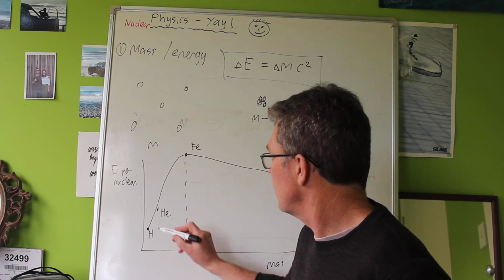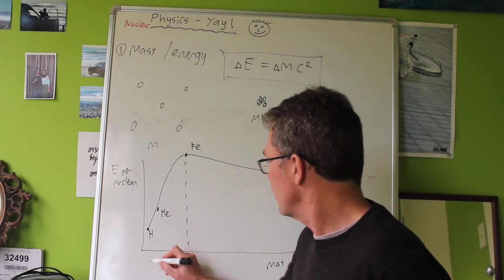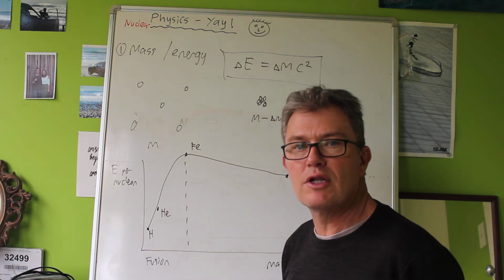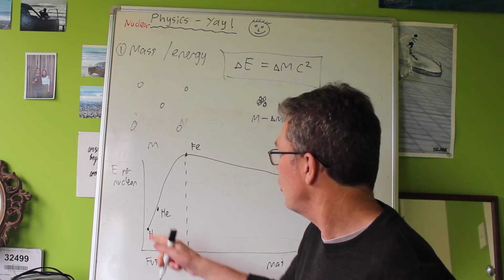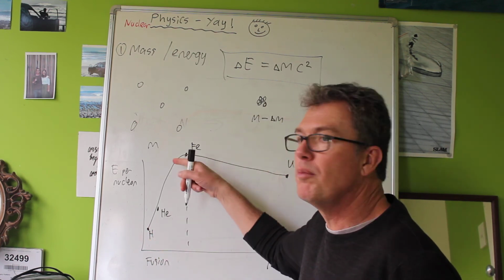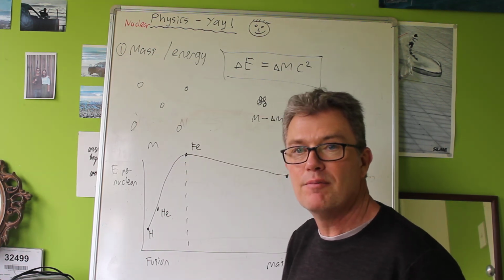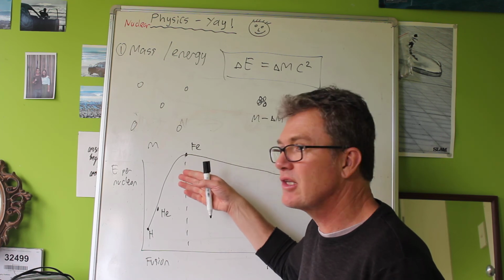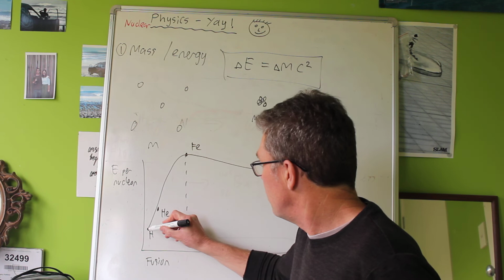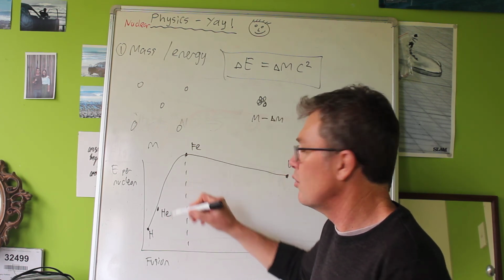If you get two nuclei here and you fuse them together, fusion will release nuclear energy, because the product that you form will have more binding energy, which means binding energy is a negative energy, meaning energy is actually released in the form of heat and light. Okay, so fusion to create a bigger nucleus will release energy.